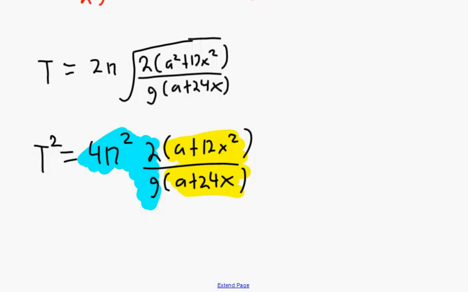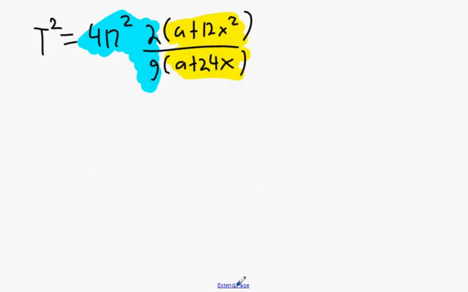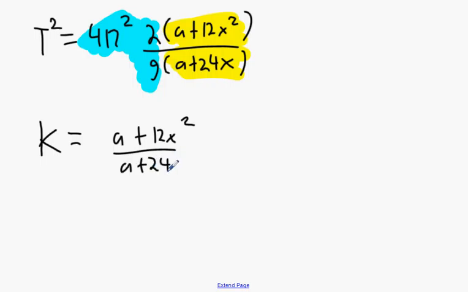This means we can think of a new letter, any letter of your choosing that hasn't been used yet. We'll call it K. K is equal to a squared plus 12x squared over a plus 24x. K has the same turning points as t.